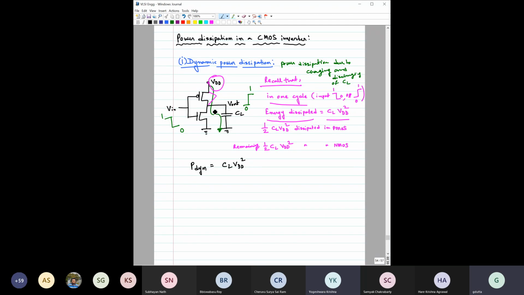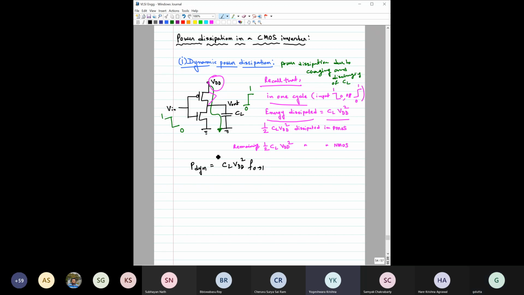So per unit time, how many cycles? That basically gives the frequency of changing this output from 0 to 1, right? So this is a very simple way by which you can estimate the dynamic power dissipation in a CMOS inverter.